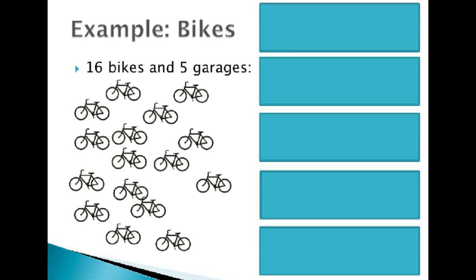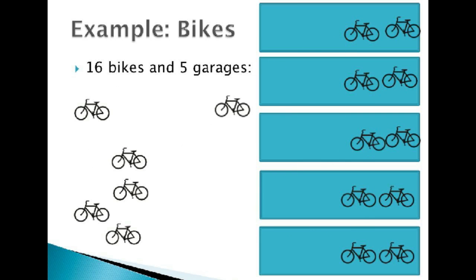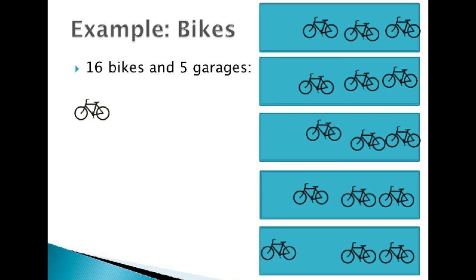For example, if we have 16 bikes and 5 garages, there must be at least one garage with 4 bikes. This can be seen when we divide 16 by 5, resulting in 3, with a remainder of 1. The remaining bike must go somewhere, and so one garage has at least 4 bikes.